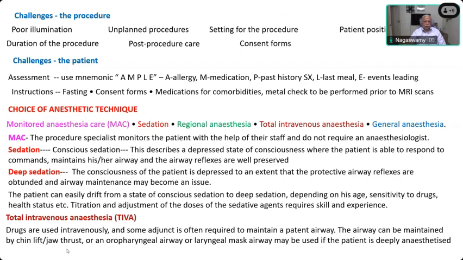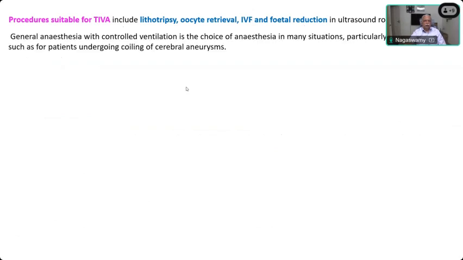The airway can be maintained by either chin lift, jaw thrust, or oropharyngeal airway, or an LMA can be used in a deeply anesthetized patient. Procedures suitable for TIVA are lithotripsy, oocyte retrieval, IVF, and fetal reduction surgeries in the ultrasound room.